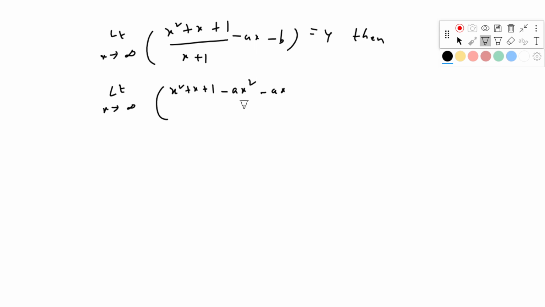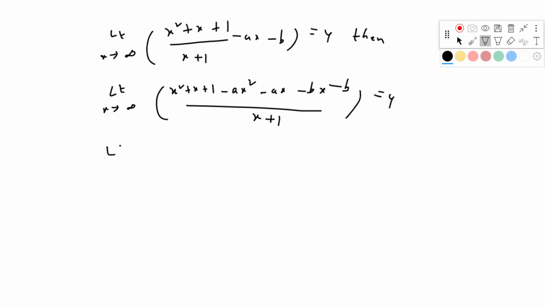Next, minus b into x plus 1, that is minus bx minus b, all over x plus 1, equal to 4. Up to here clear?